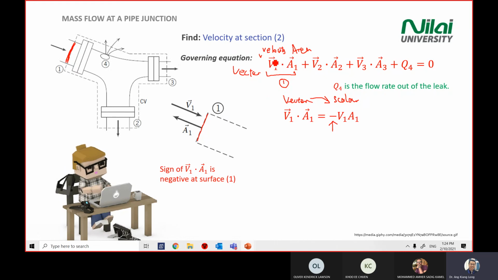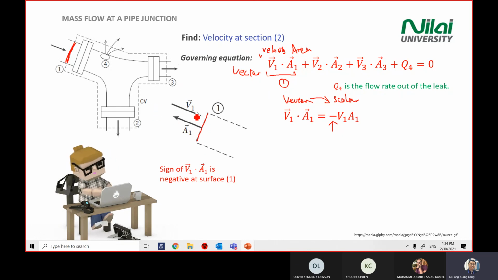So for v vector 1 dot a vector 1, you draw the free body diagram, you look at the given velocity direction, and you draw the pointing of the area. In this case, the area is pointing upward.